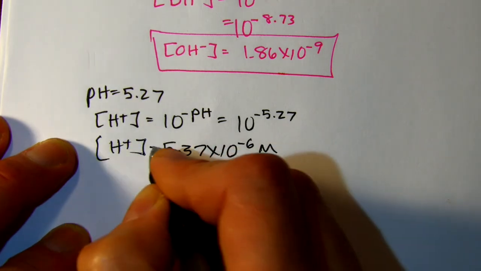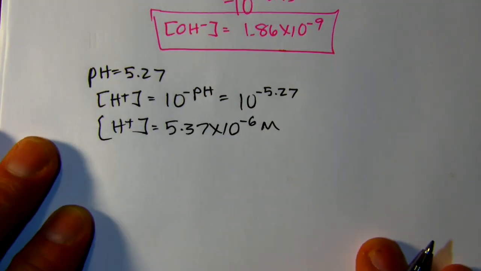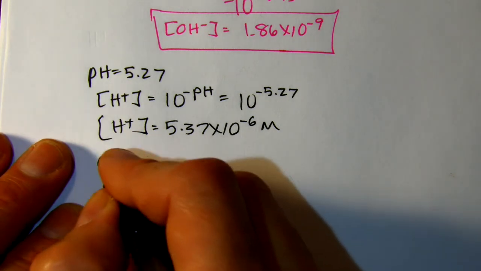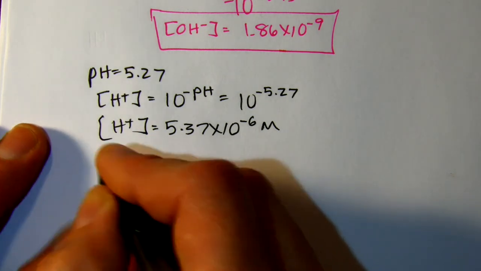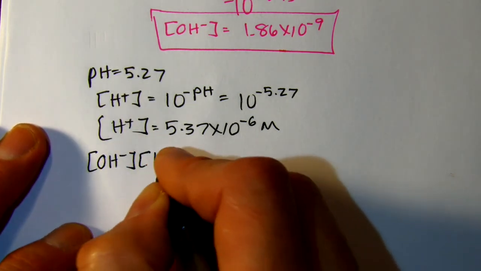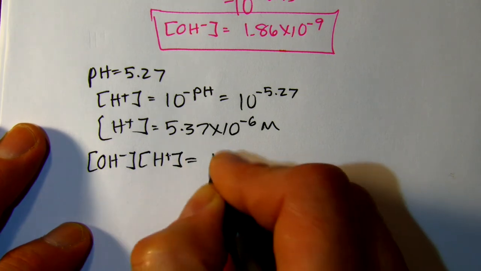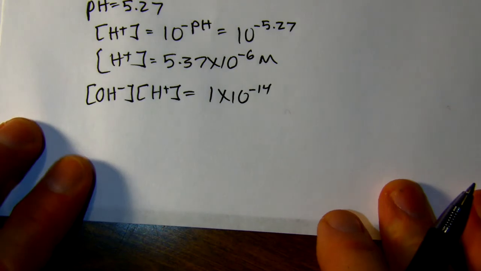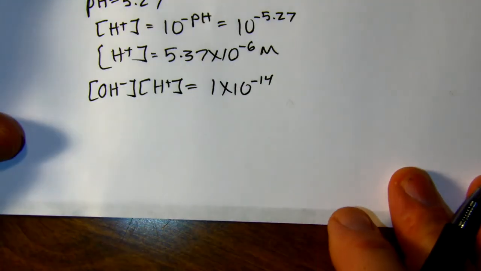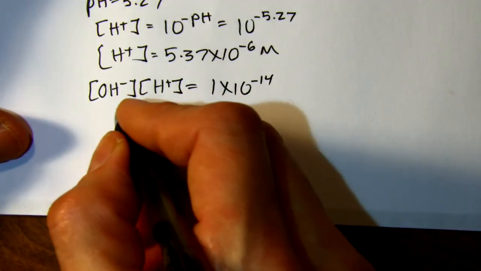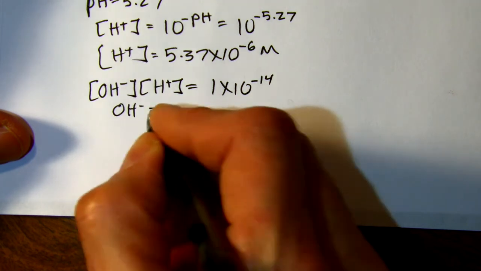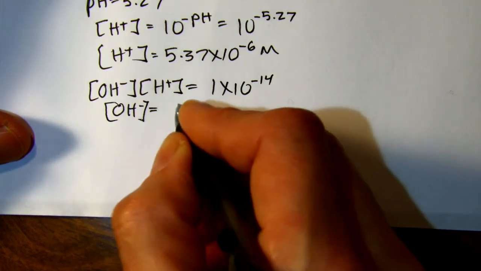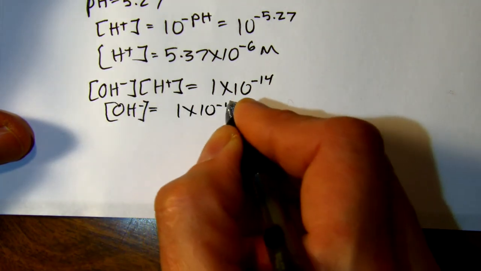Okay, so there's the hydrogen concentration, but we want hydroxide. So OH times H plus, you can reverse them, equals 10 to the negative 14. You really have to write these out. Okay? OH minus equals 1 times 10 to the negative 14 divided by the H plus concentration. We're almost done.